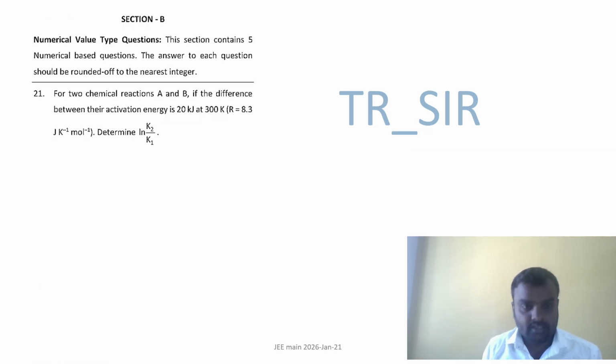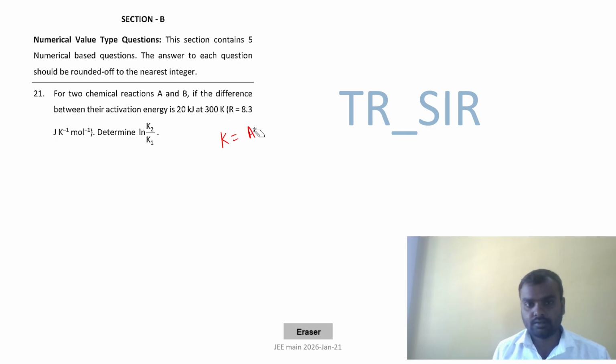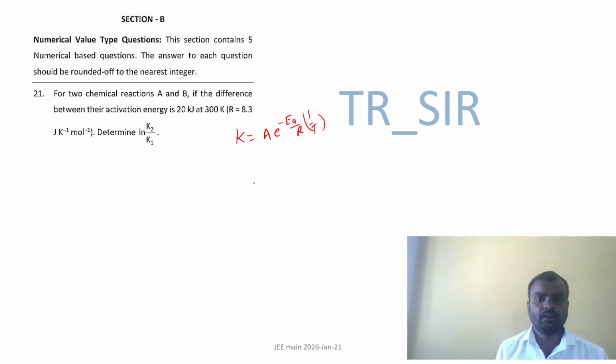Now, the next question. Here we have numerical values, so this is from the chemical kinetics. So what we have for activation energy: k is equal to A e to the power of minus Ea by R into 1 by T. This one we have.